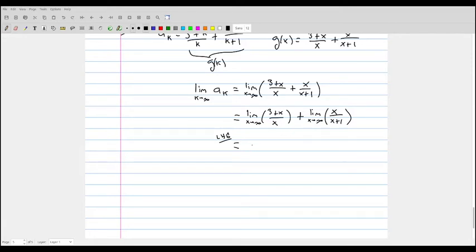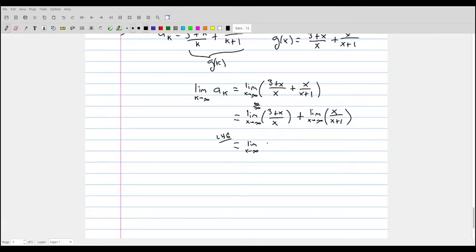This first function, its limit is going to be the limit as x goes to infinity of the derivative of the numerator over the derivative of the denominator, because this is an indeterminate form to which we can apply L'Hopital's rule.